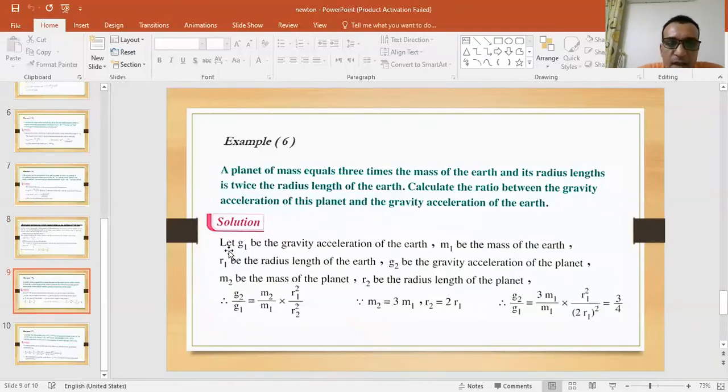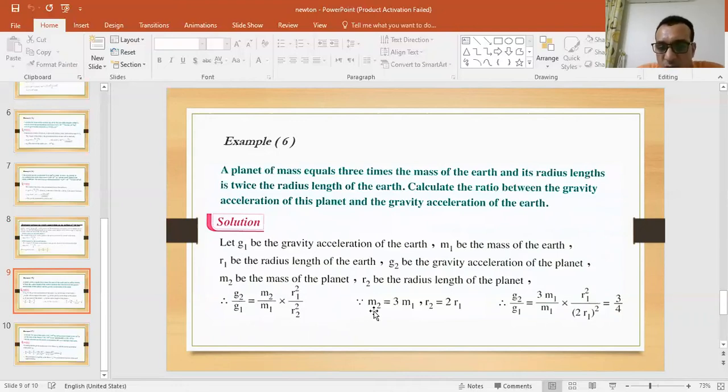Earth. Let g1 be the gravity acceleration of the Earth, M1 the mass of the Earth, R1 the radius length of the Earth, and g2 be the gravity acceleration of the planet, M2 the mass of the planet, R2 the radius length of the planet. We have g2 over g1 equals M2 over M1 multiplied by R1 squared over R2 squared.